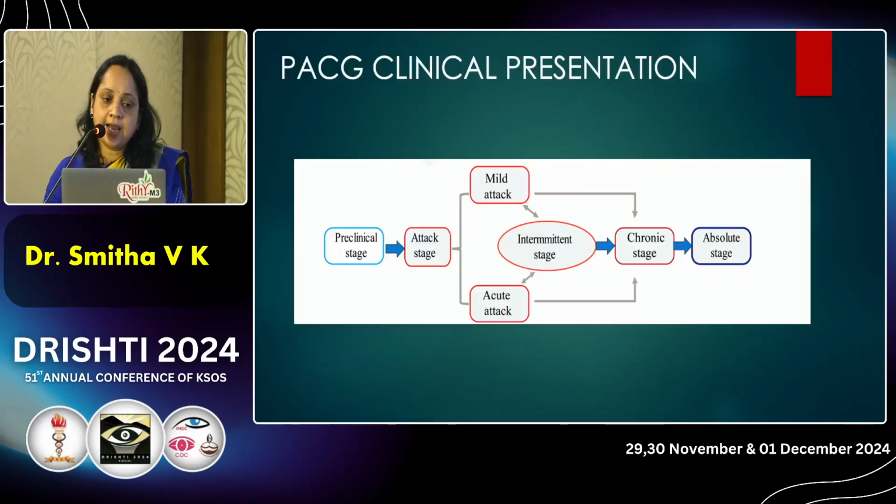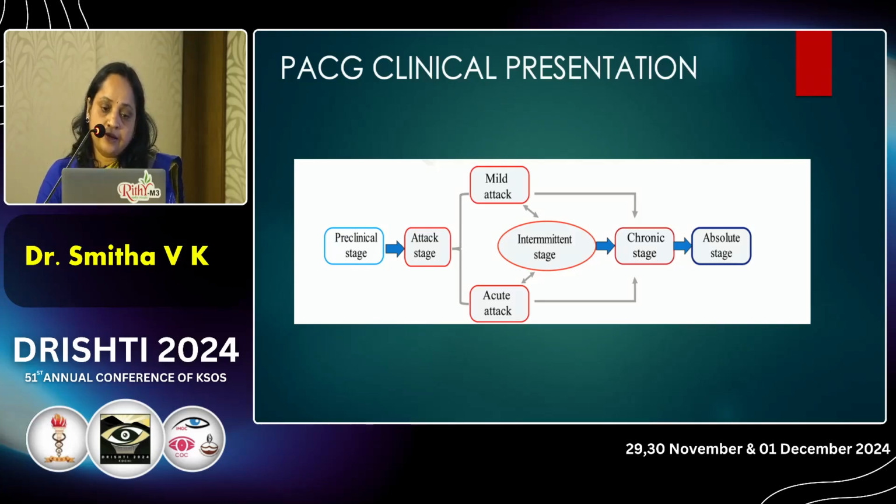Clinically, angle closure glaucoma can be classified into a preclinical stage, where one eye is in acute attack and the other eye is said to be in the preclinical stage. It can go into an attack stage, which may be a mild attack or an acute attack. In a mild attack, there is incomplete closure of the angle with mild rise in IOP and symptoms, while in an acute attack, there is sudden increase in IOP with complete closure of the angles.